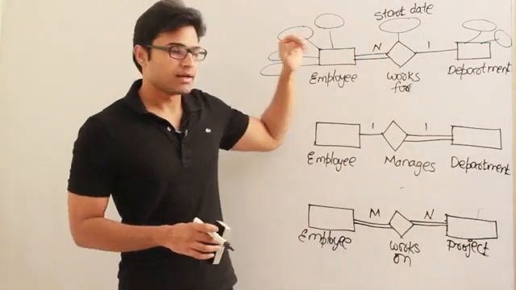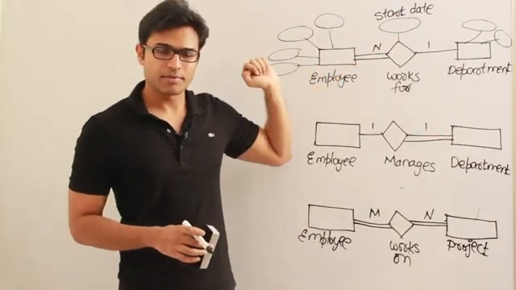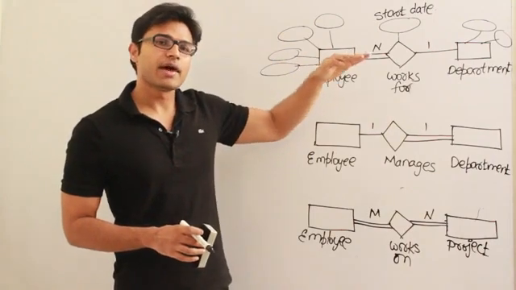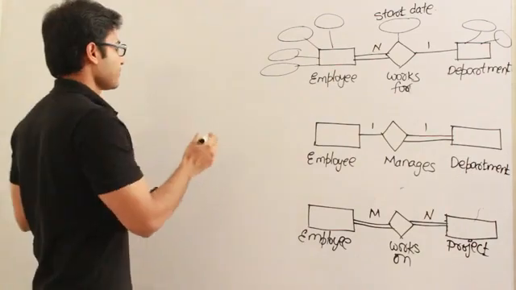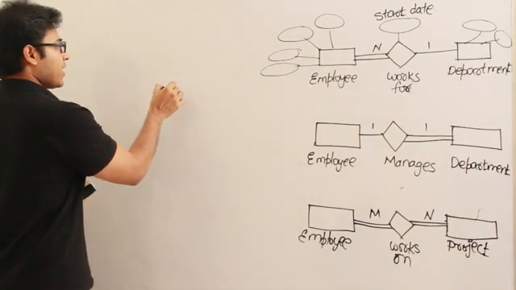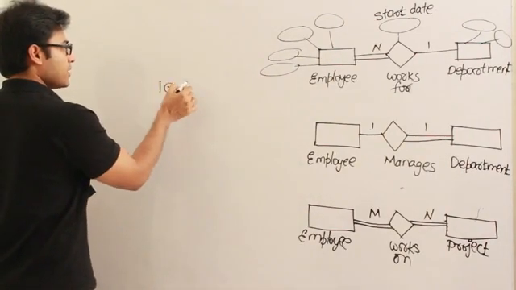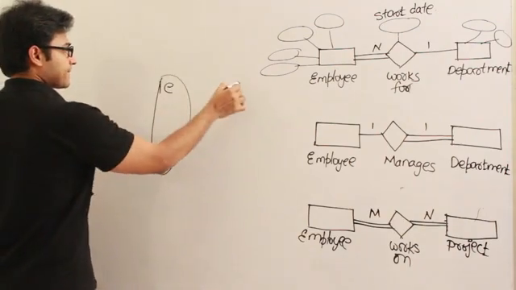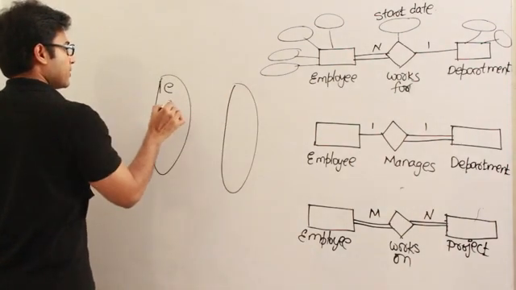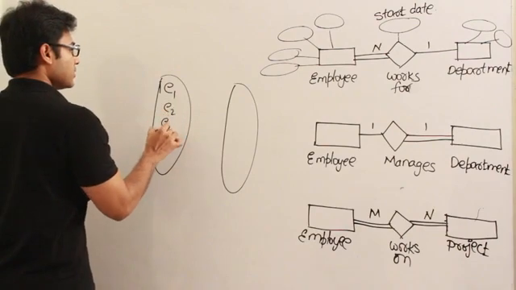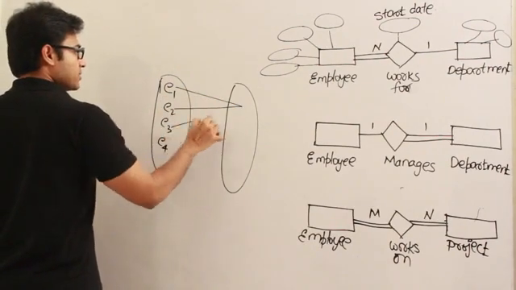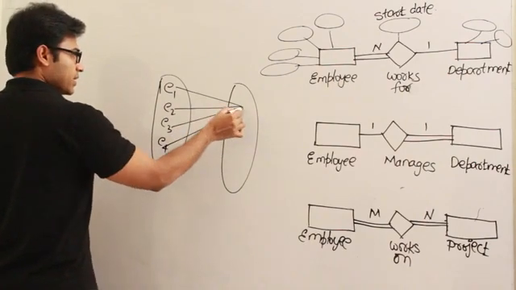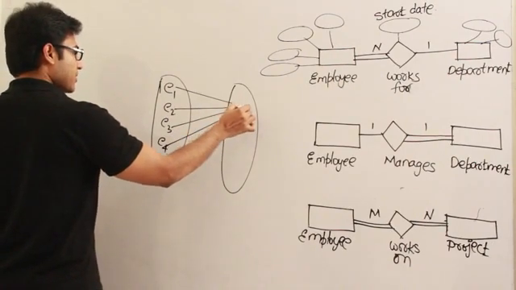The reason is, in a many-to-one relationship, every employee will be having participation in there, like this. See, what I mean to say is, an employee will be participating, see, E1, E2, E3, E4, right? Therefore an employee may be participating like this, right? So many employees may be going to the same department, right?